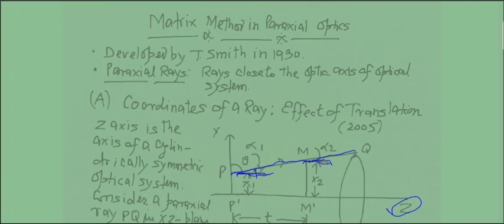So these are corresponding angles, and that's why alpha 1 equals alpha 2. This is there because the medium is homogeneous, so that's why PQ is a straight line.